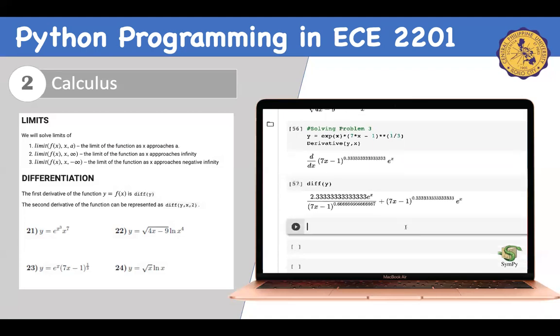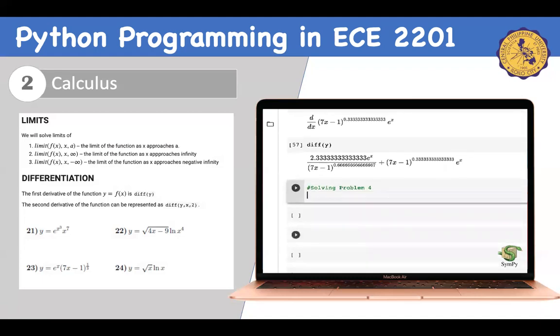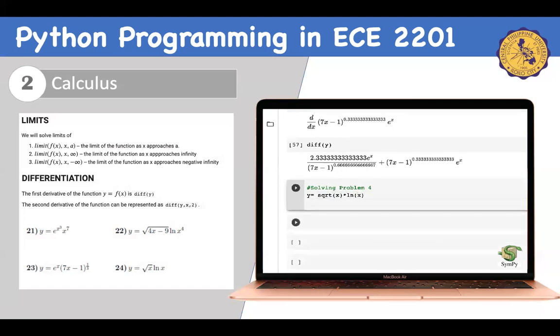Okay, down to the last problem in differentiation. Let's say I have here the fourth problem. So y equals the square root of x multiplied by ln of x. You can say ln of x.